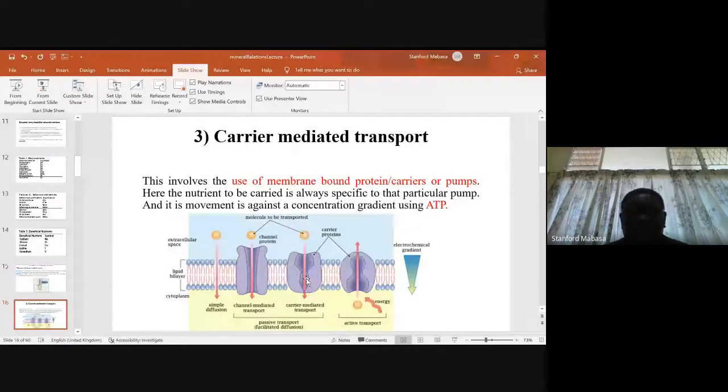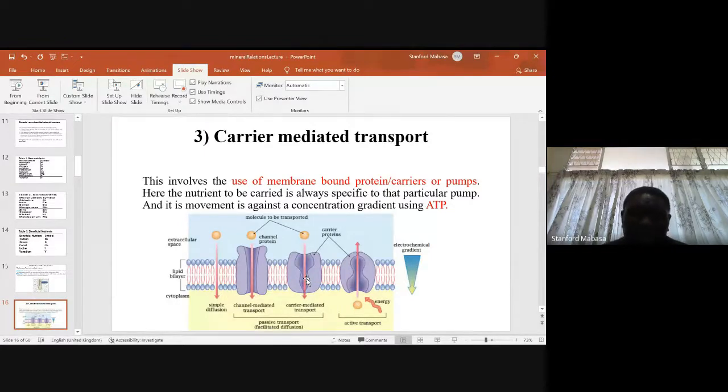Now, there's also a situation where you have active transport, where let's suppose the concentration in the soil is lower than that in the roots. The plant must have a mechanism of using energy to pump those nutrients into the roots.